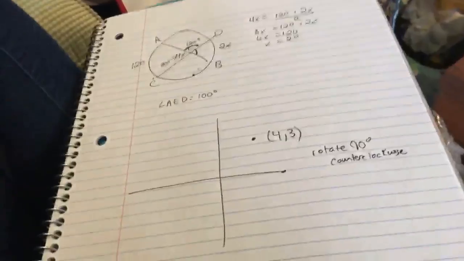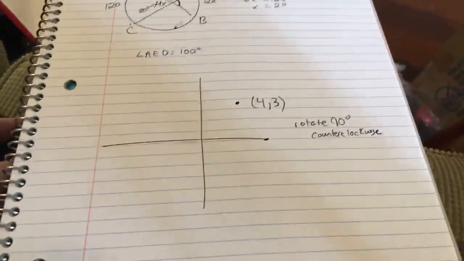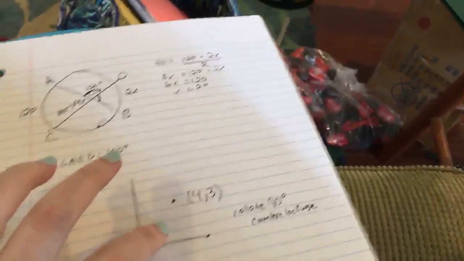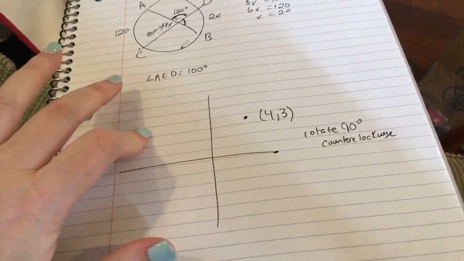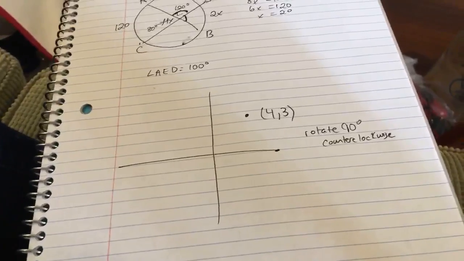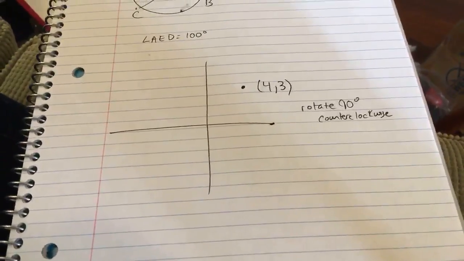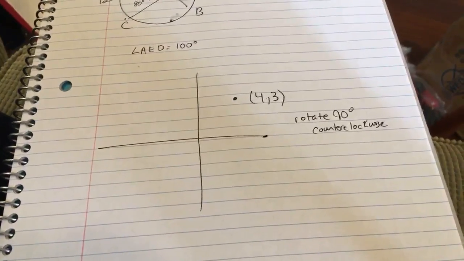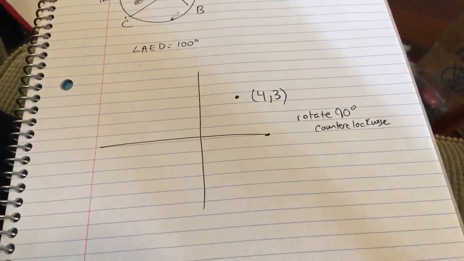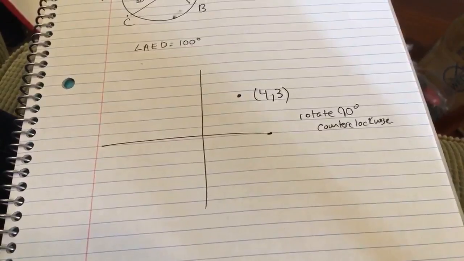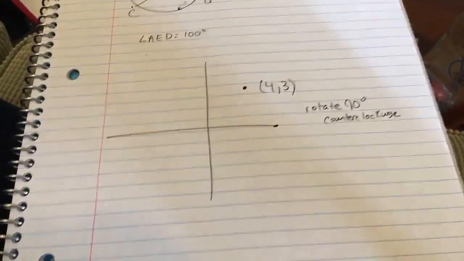All right? So if I'm rotating 90 degrees counterclockwise, that means counterclockwise is going in the positive direction, so I'm going from quadrant 1 to quadrant 2. Okay? So whatever my point is, it needs to end up in quadrant 2. I'm going to switch the x and the y. The x is now going to be either 3 or -3.